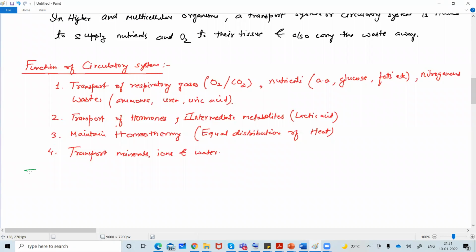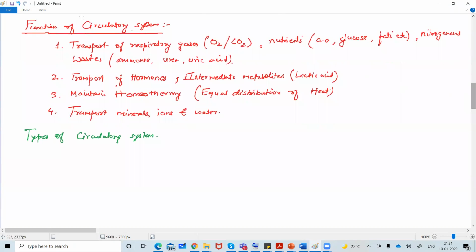So let me write here types of circulatory system. So there are two types. Open circulatory system and closed circulatory system.